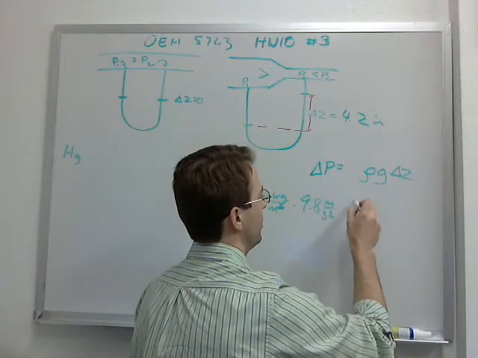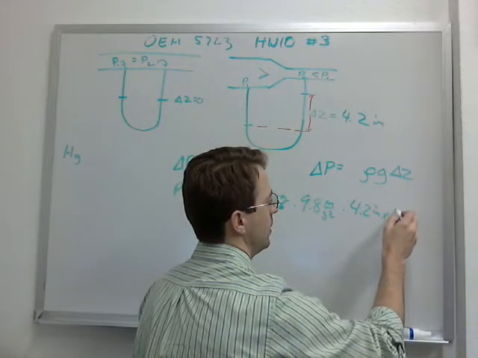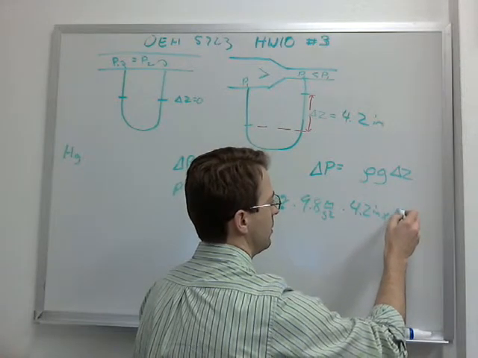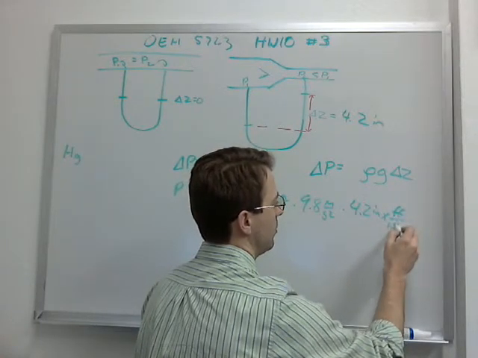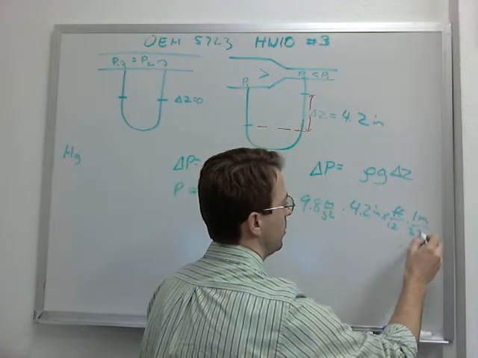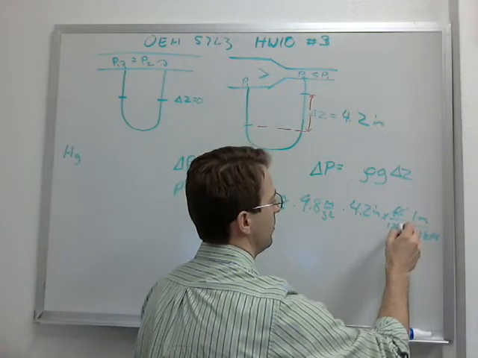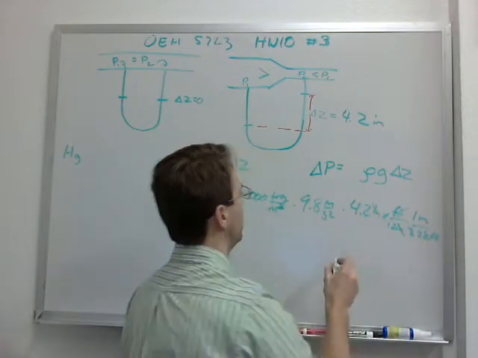So 4.2 inches, and then 1 foot is 12 inches, and then 1 meter is 3.28 feet. Feet cancel, inches cancel.